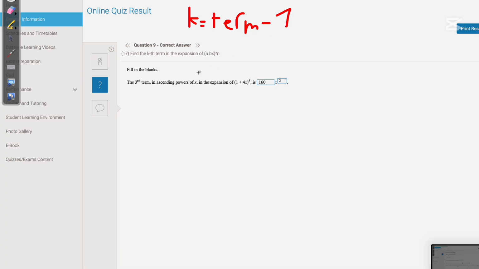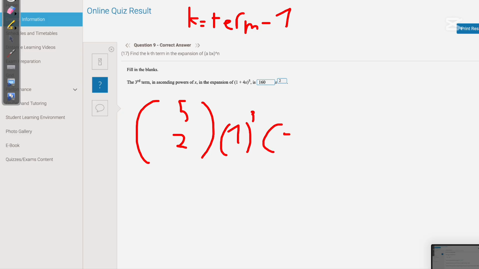So here they want the third term, so k is equal to 2. So 5c2, 1 to the power of 3, which is nothing, 1, times 4x squared. So 5c2 times 16 basically, which is 160x squared after we distribute the square.